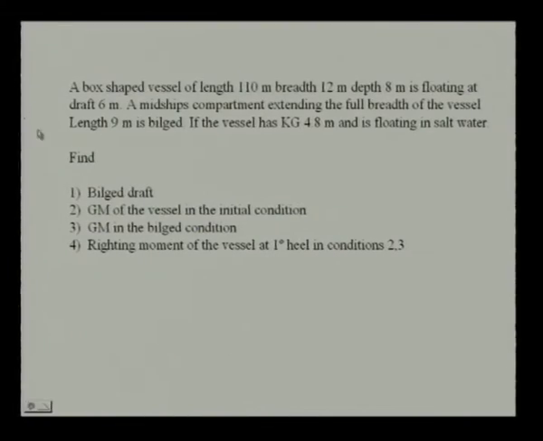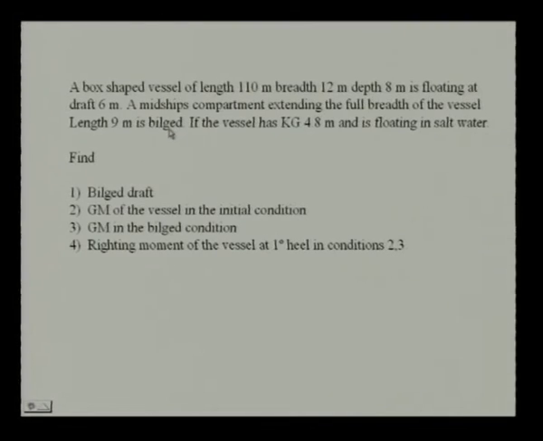For instance, this one says that there is a box shaped vessel which has a length of 110 meters, a breadth of 12 meters, and a depth of 8 meters, floating at a draft of 6 meters. The midship compartment, of length 9 meters and extending the full breadth of the vessel, is bilged.